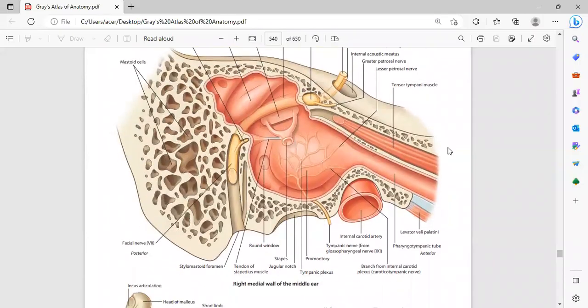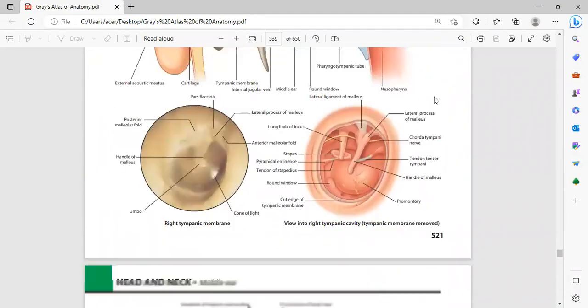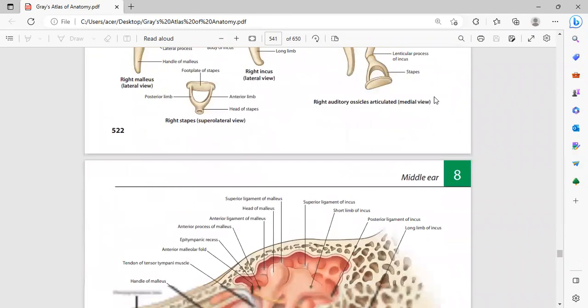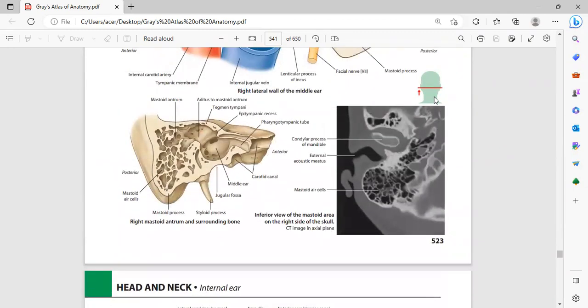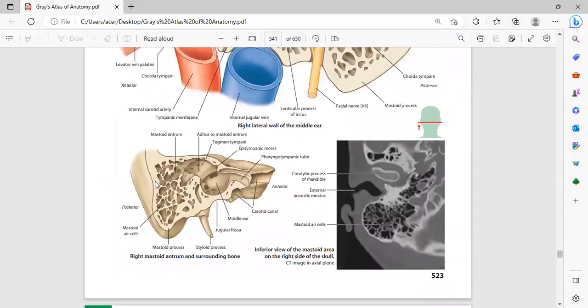Now let's talk about the mastoid antrum and the mastoid air cells. Okay, so this is the middle ear, and remember it opens into the mastoid antrum through the aditus.